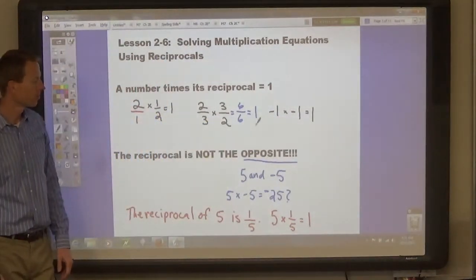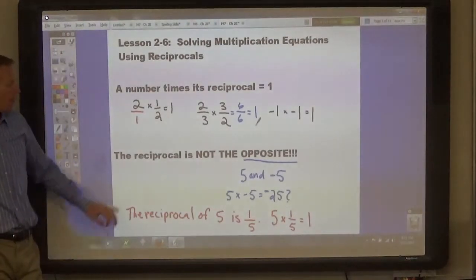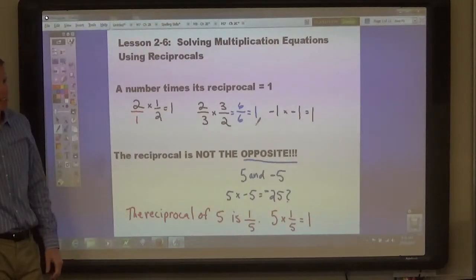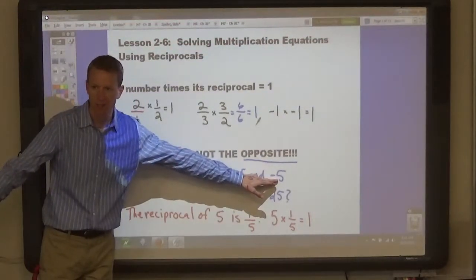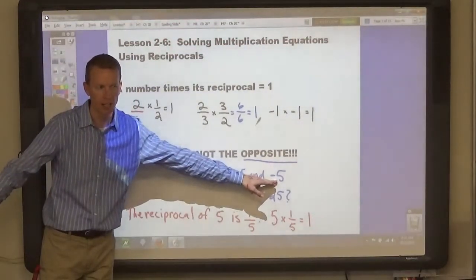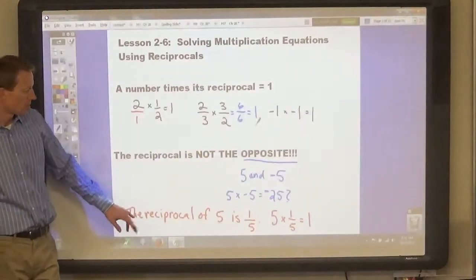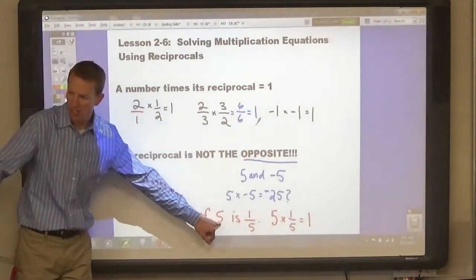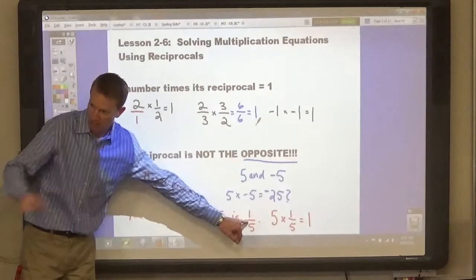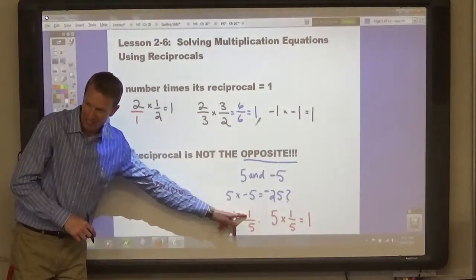Now, don't be confused with opposites. The reciprocal of a number is not its opposite. 5 and -5 are opposites. We're not talking about opposites today. We're talking about reciprocals. The reciprocal of 5 is 1/5.